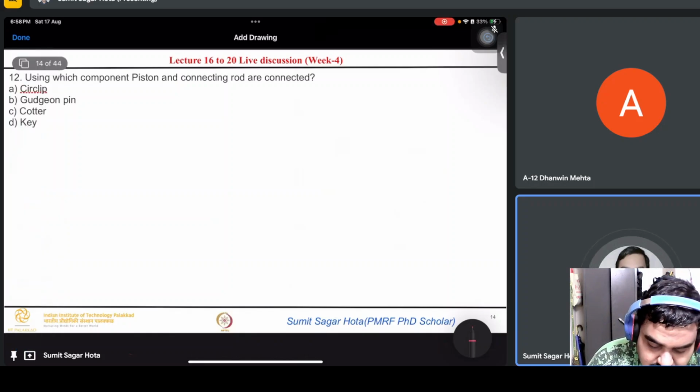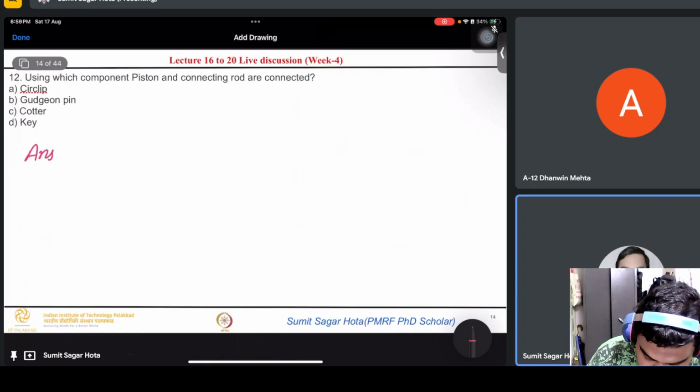Which component connects the piston and the connecting rod? It's obviously connected through a pin. The piston is there and one connecting rod is there, so two cylindrical components can be joined obviously through a pin. That's the reason the name of the pin is Gudgeon pin.